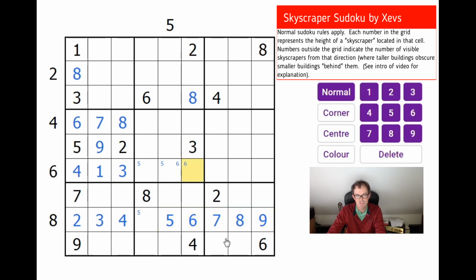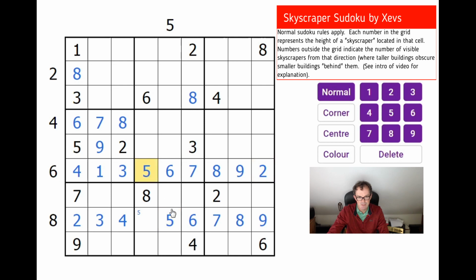It cannot go this far over, because then I can't get as high as 6 skyscrapers. I'd have 1, 2, 3, 4, 5. So I know the 5 is in one of these two positions, so we'd have to put it here. But the same logic applies obviously to the 6. So we would get a sequence like that, with that being the 2.